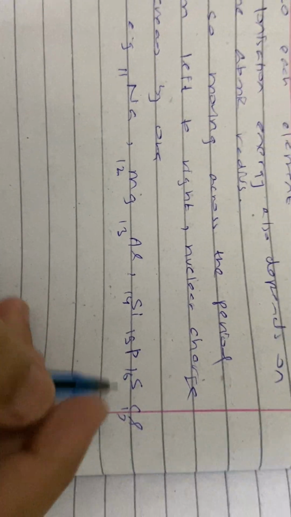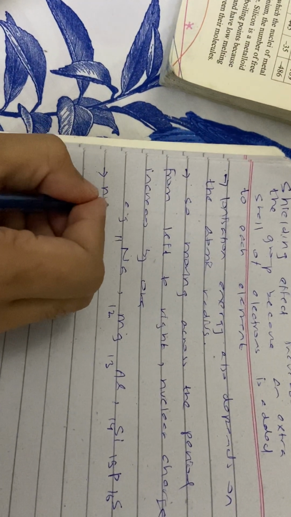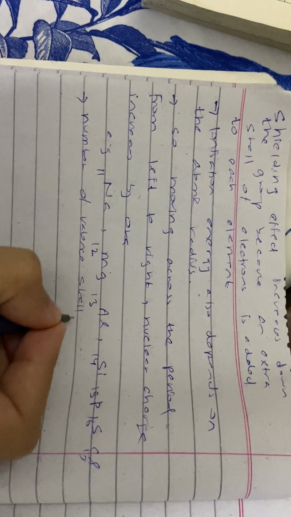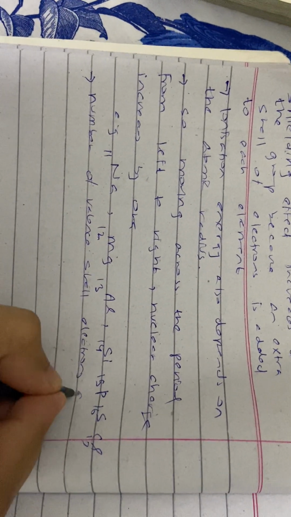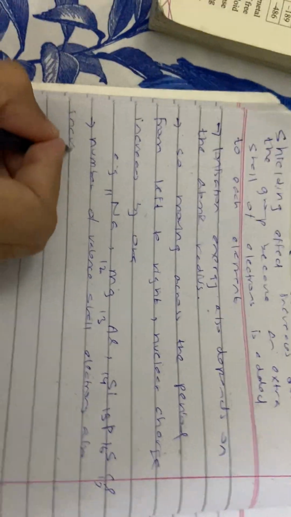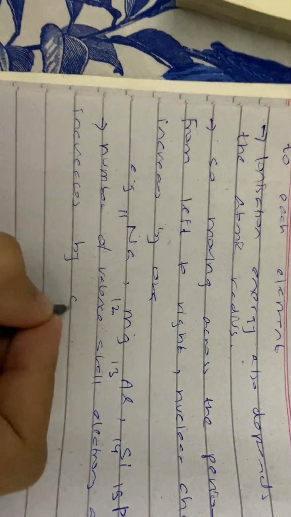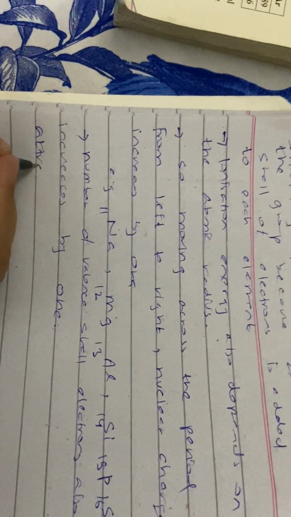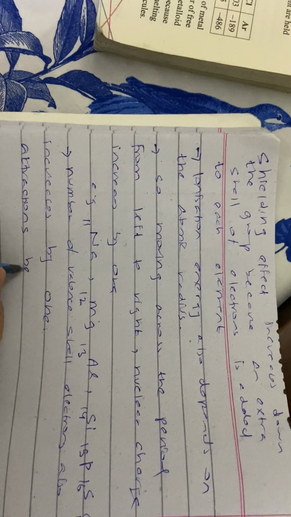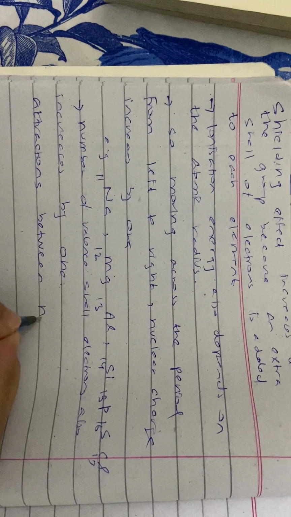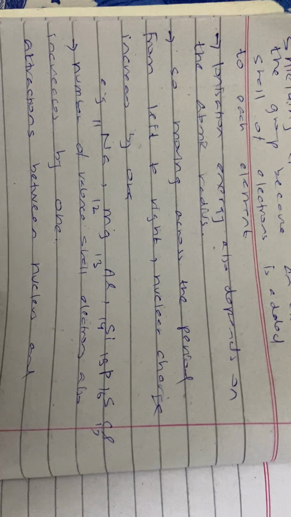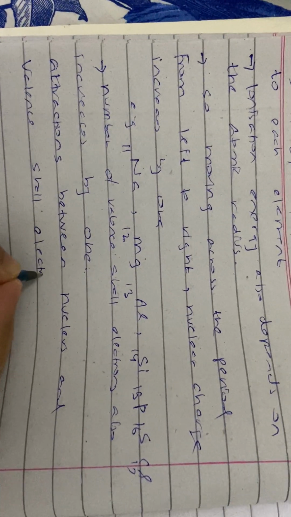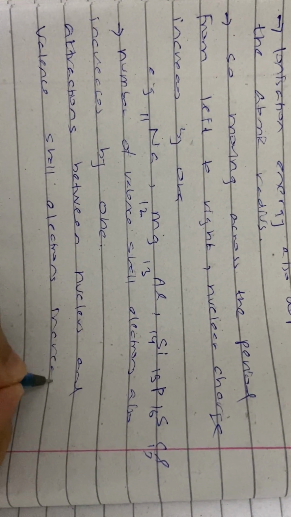So the nuclear charge increases by 1, whereas the number of valence shell electrons also increases by 1. As a result, the attraction between nucleus and valence shell electrons increases.